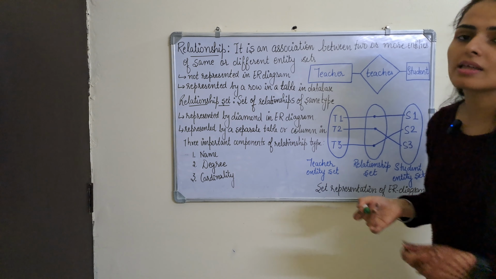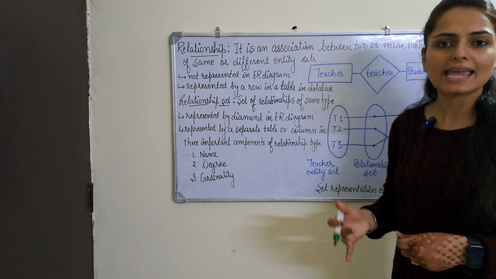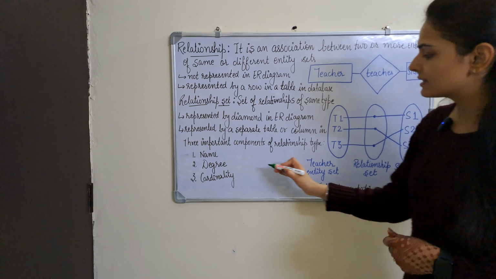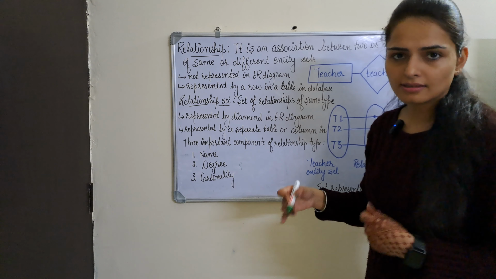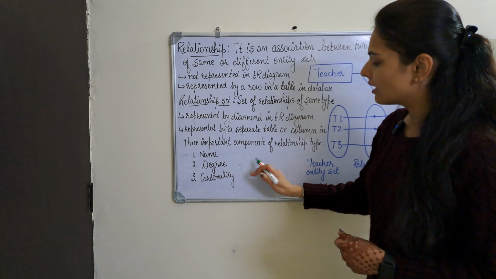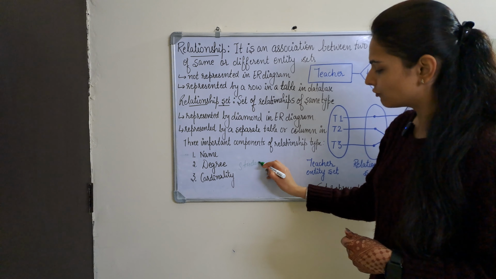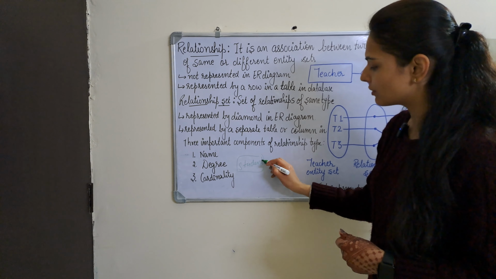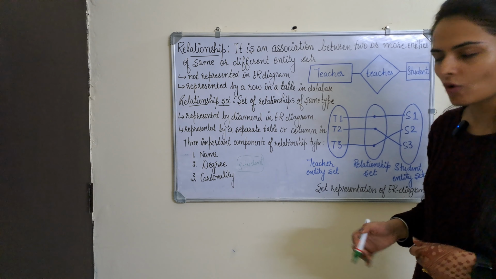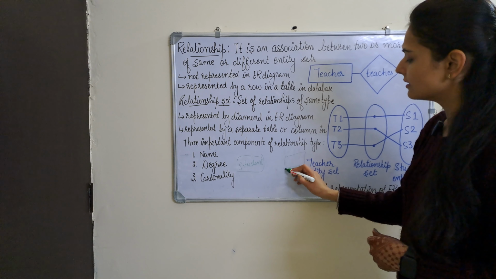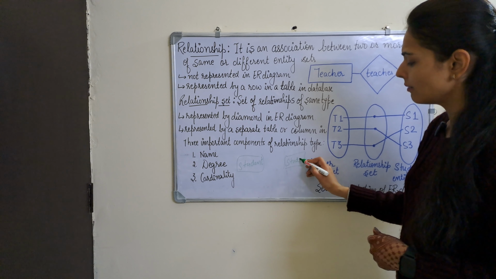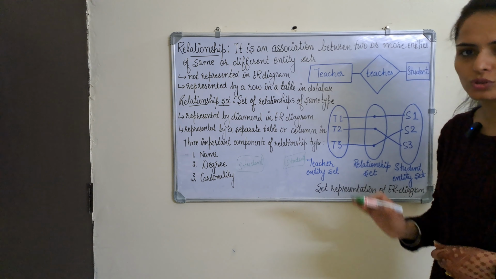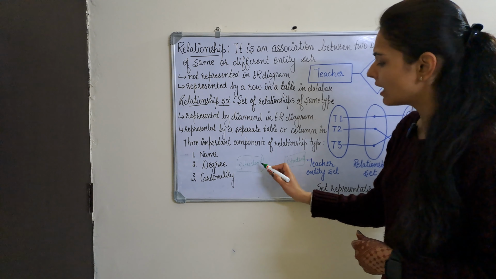Now sometimes there can be a relation between the same entity sets as well. Say for example, there is the entity set student. In this, the first student entity set represents all the CRs of all sections, and another entity set, again of student type, includes all the students of the sections.